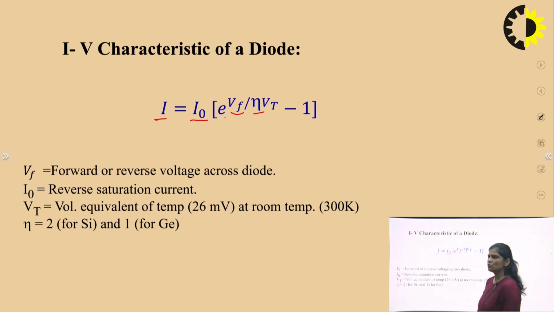Eta is 2 for silicon and 1 for germanium, and Vt is the voltage equivalent of temperature, here 26 millivolt at room temperature 300 Kelvin. So, this is the diode current equation. Before we start with this non-linear application of operational amplifier, you should know the current equation because it will help you in the non-linear application.